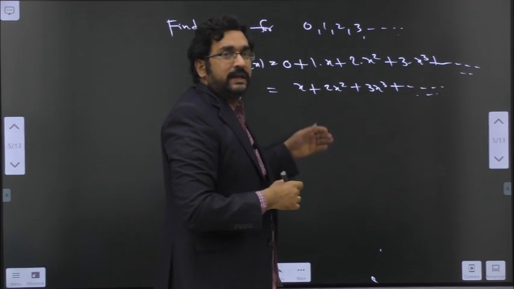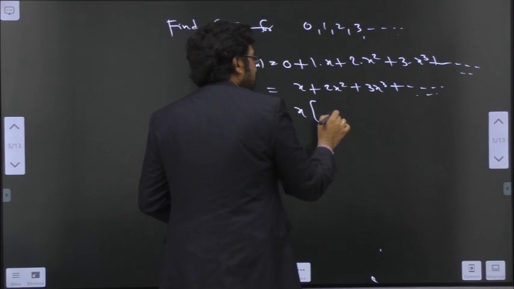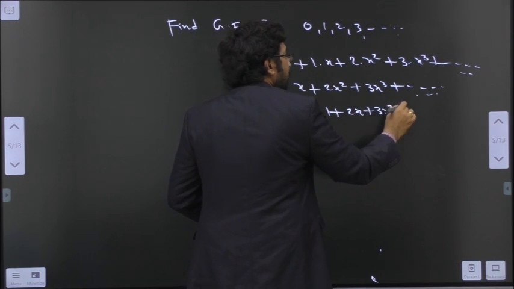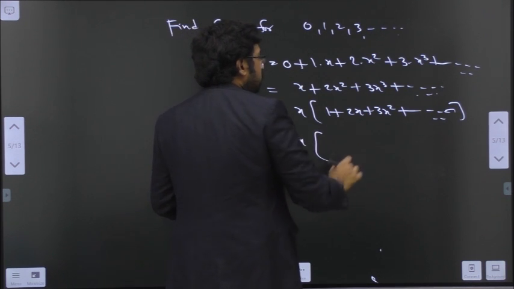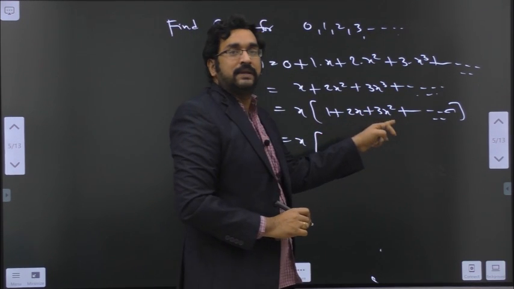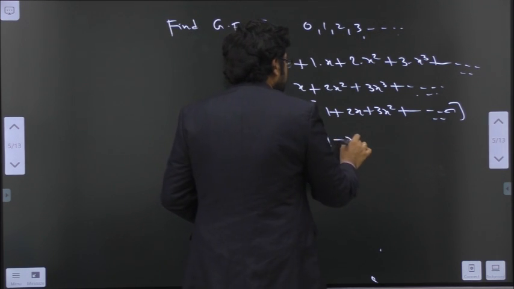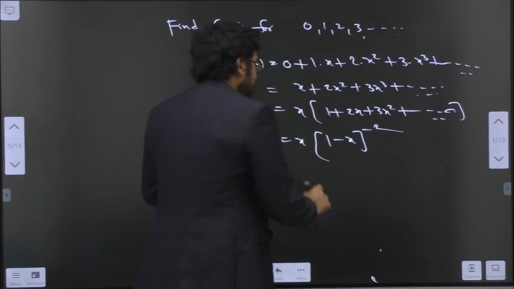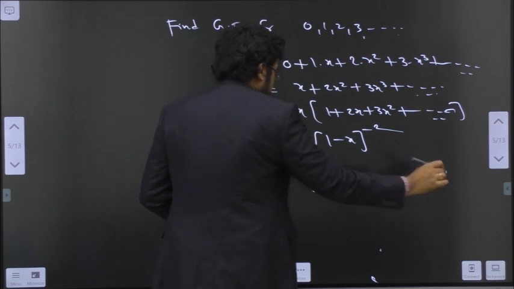From this we can take x as common, so we get x into 1 plus 2x plus 3x square plus and so on. It is equivalent to 1 minus x whole power minus 2, so it is nothing but x by 1 minus x whole square.